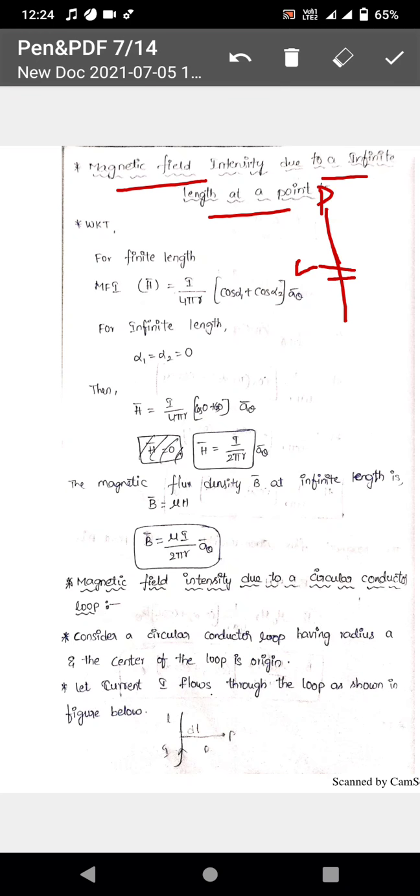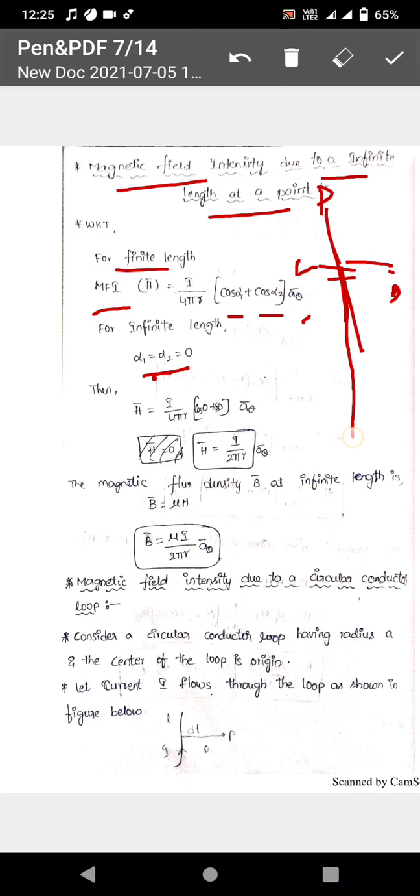If it is infinite length, the point P is located here, and we consider the angle the dl makes. For a finite length we know that H is I by 4 pi r, cos alpha 1 plus cos alpha 2, a theta. For infinite length, alpha 1 equals alpha 2 equals 0. Why do we say that?